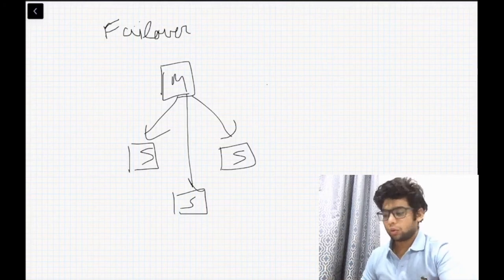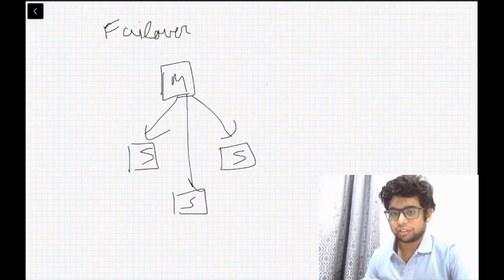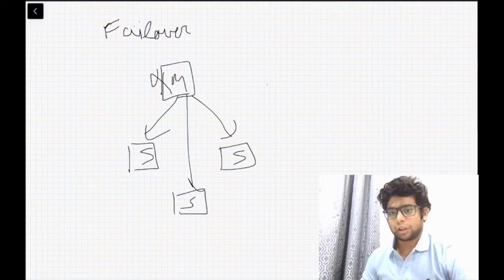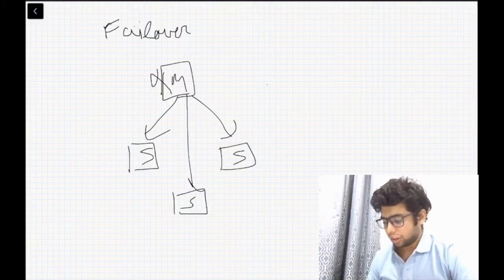When there is a failover, like when the master fails, there are two scenarios that can happen. What I can do is make a constraint that if the master fails, then don't accept any write. So that's one way of handling a failover.